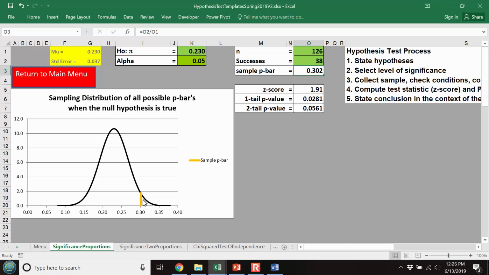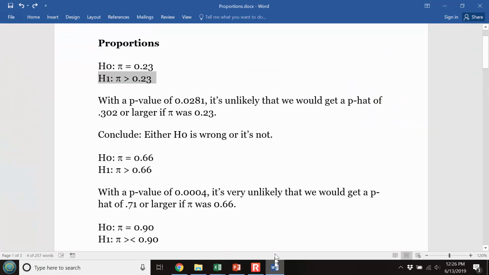This would happen this far or further only 2.81% of the time. At a 5% level of significance, the way we make the decision is we literally compare these two numbers. If this number is smaller than that, if the p-value is smaller than the alpha, the level of significance, we reject the null hypothesis. I'm going to go through all of these with an alpha of 5%.